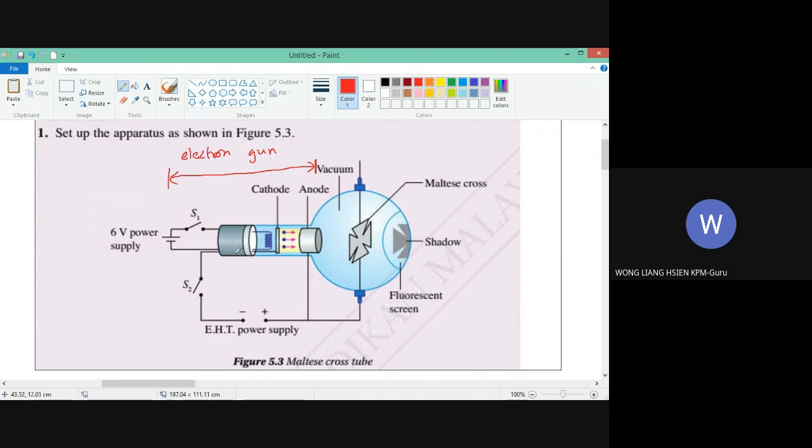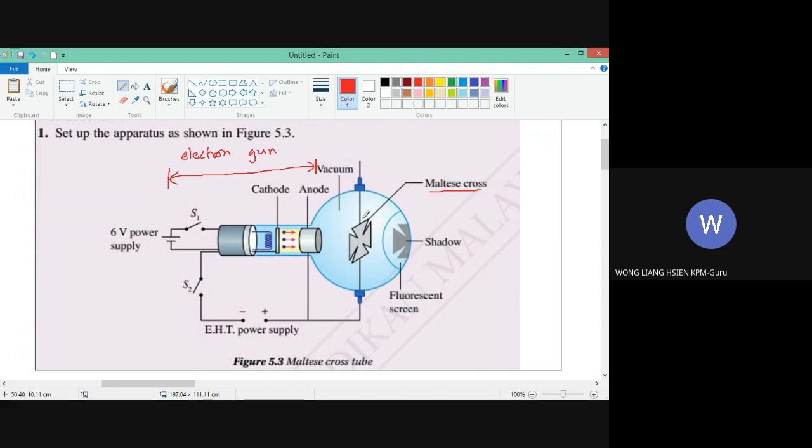The cathode is connected to the EHT power supply, and this anode is also connected to the EHT power supply. But what is the difference is, you see in front here, there's a Maltese cross. This Maltese cross is the name of this shape.